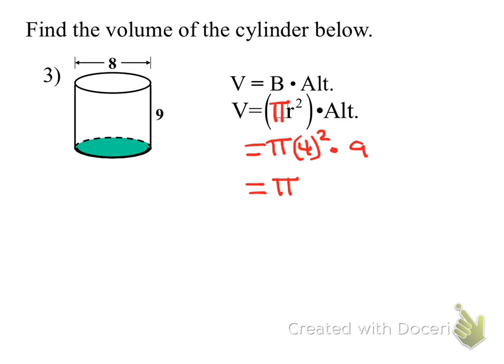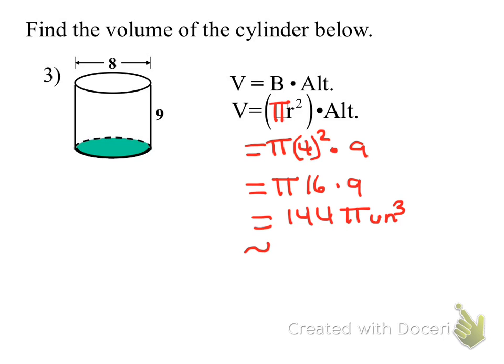If I leave this in terms of pi, I'm going to get 16 times 9, and my final answer in terms of pi is 144 pi cubic units. Now that's the exact version.